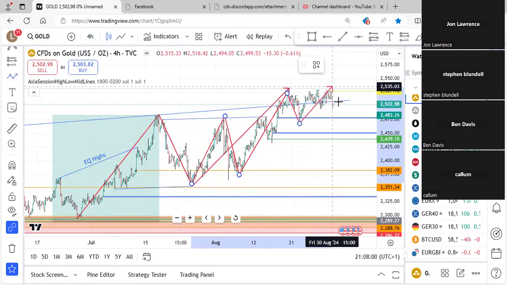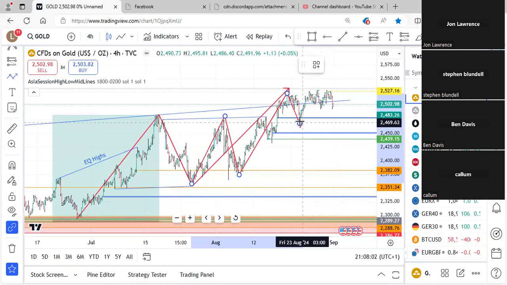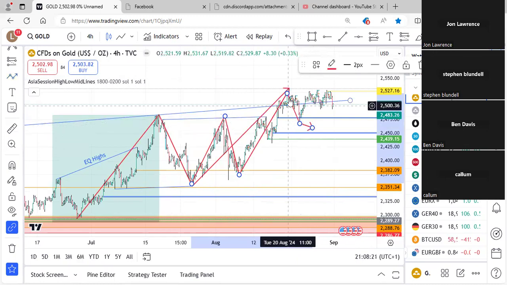So I've drawn this here. This is what I would call my 15-minute leg here. Obviously I've got this marked as a low, but until it really creates a new high, this is not a valid low. So this is our current leg on my sort of 15, maybe down here.